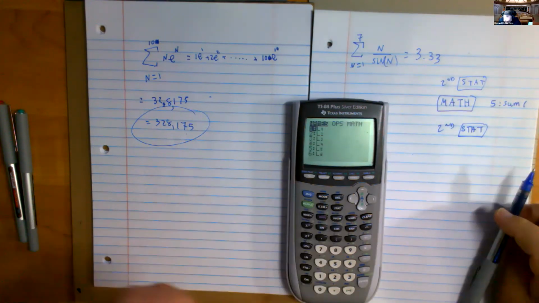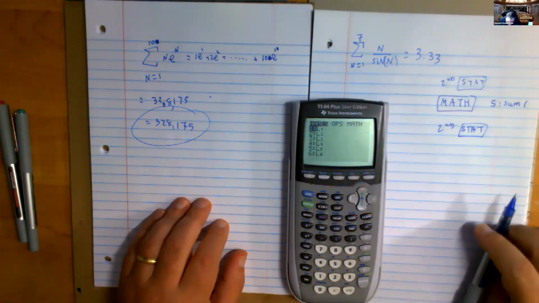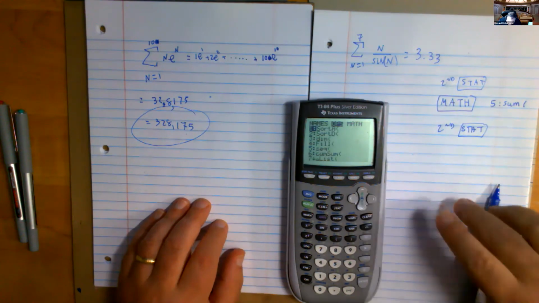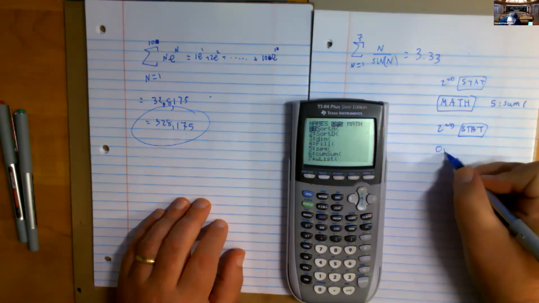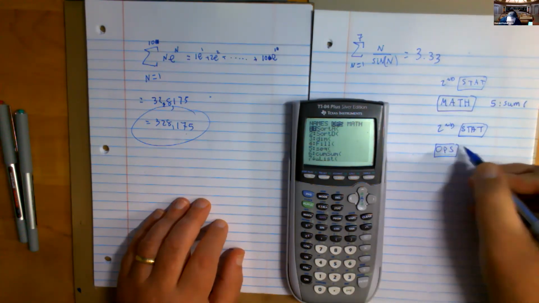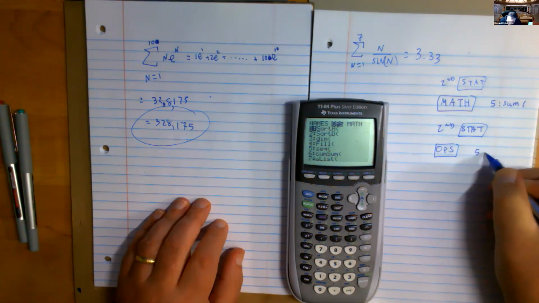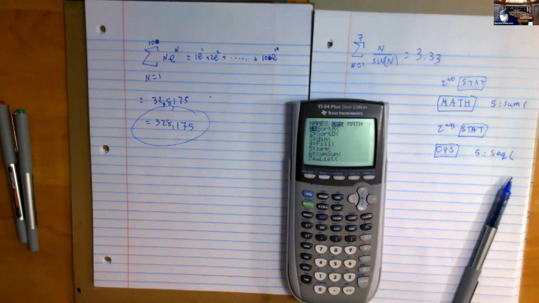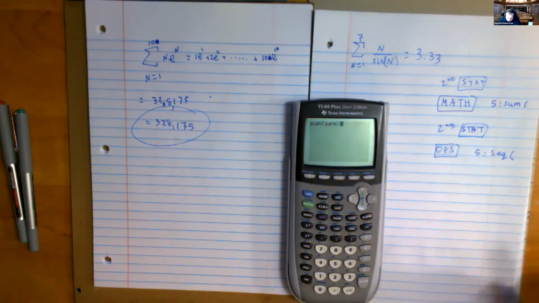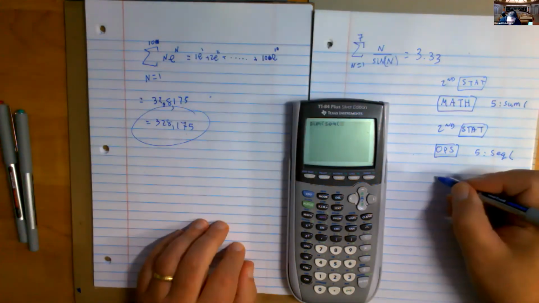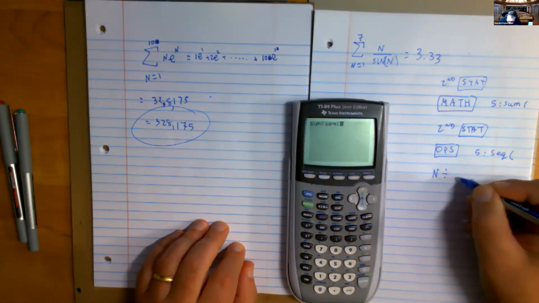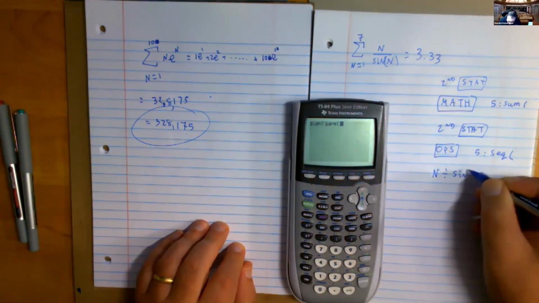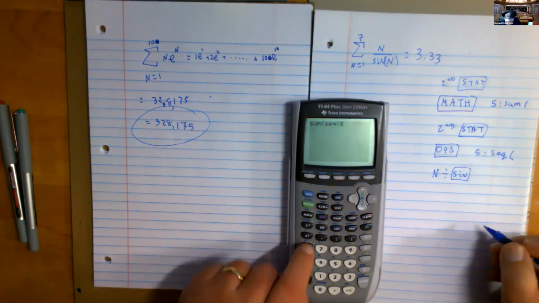That gets you essentially list. Now you choose ops for options, and number 5. This will get you sequence. And then you type in whatever this happens to be. In this case, n divided by the sine button. So let's put that in.